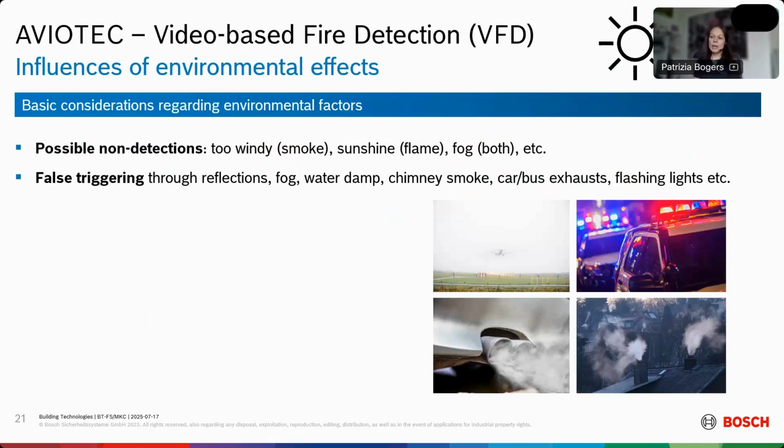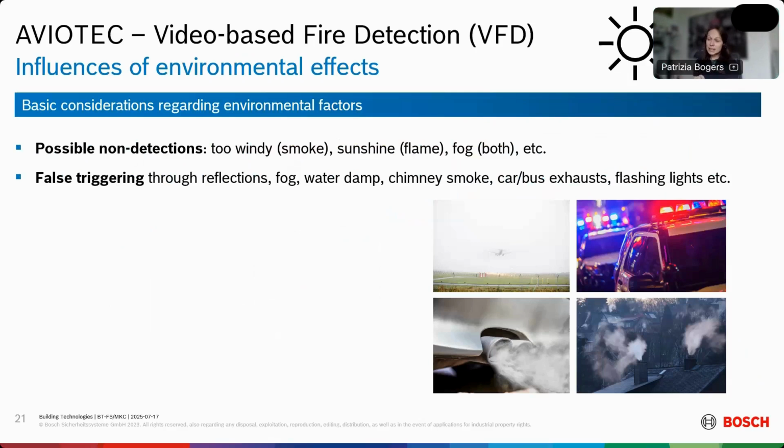Thus, the camera might not work properly as it needs a direct sight of view to the fire event. Wind might be the reason that the smoke is blowing too fast out of the image. Sunshine might be the reason that the dynamic range is no longer within the specification, so that we exceed it, and then a proper flame detection might not be given. So these environmental factors need to be considered.